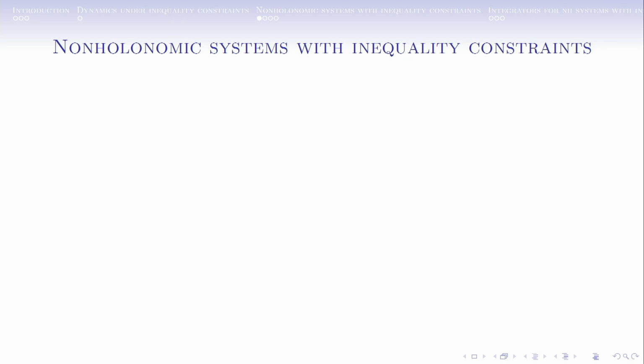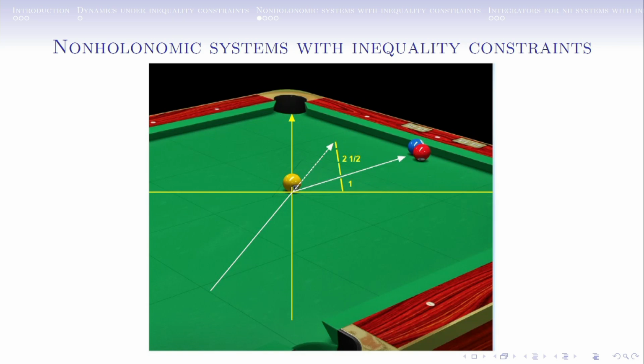Our paper deals with systems with non-holonomic constraints besides having inequality constraints. These systems appear, for instance, in billiard systems, in which we have a rolling ball on a table.